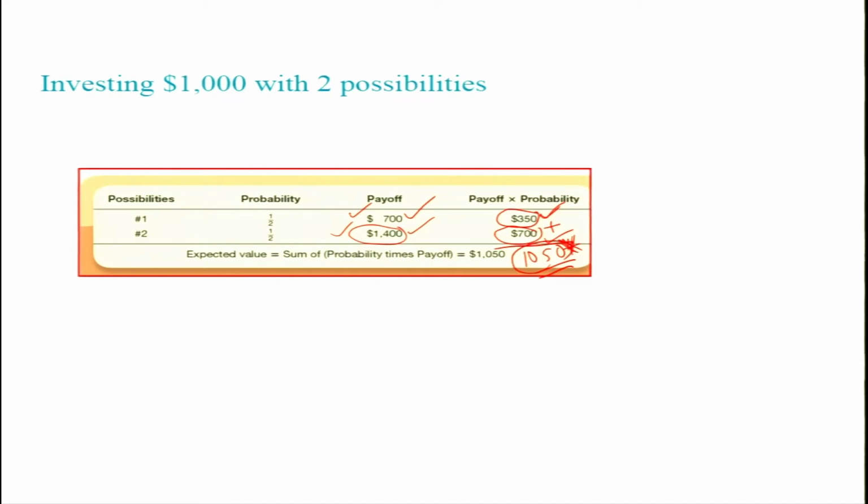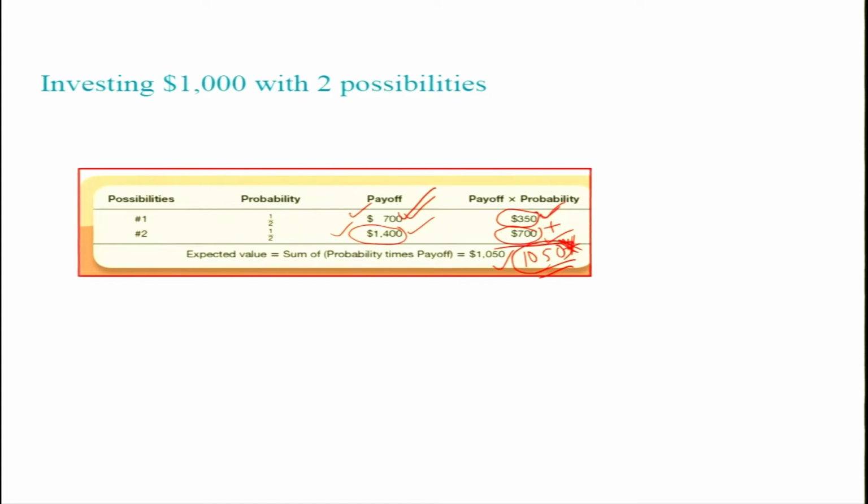But the relevant question is what would happen if we made this investment 1,000,000 times. Maybe 500,000 times the investment would pay 1400, and another 500,000 times we will get 700. At the end, if you do the calculation, we are going to get the expected value of 1050.